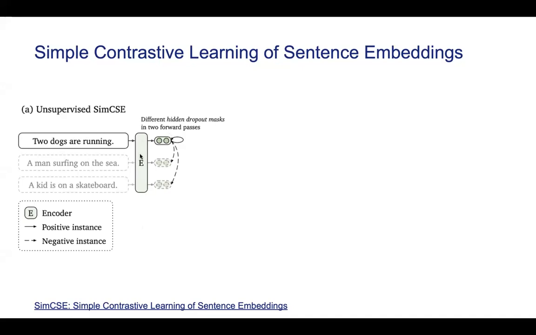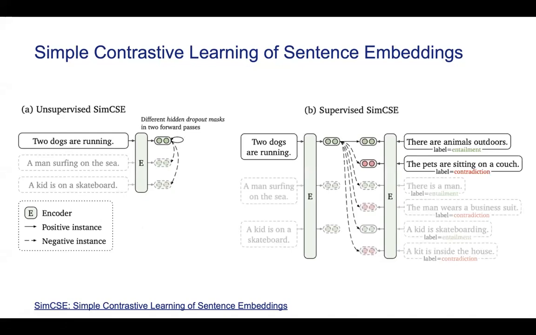What they are doing in the end is running the data through an encoder with a dropout mask, and the negative instances are the other ones, and the positive instance is the same sequence run through with a different dropout mask. This is the low-level data augmentation you can do, and it also works to create meaningful embeddings. You can also do this supervised when you have labels, but we will talk more about that later.